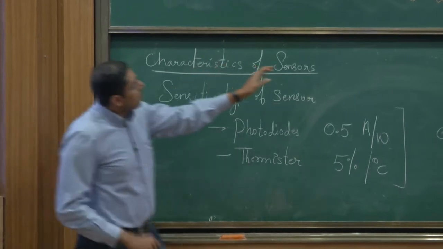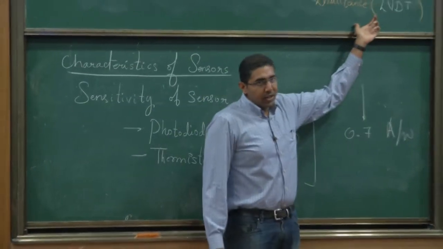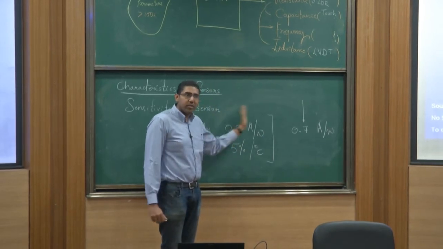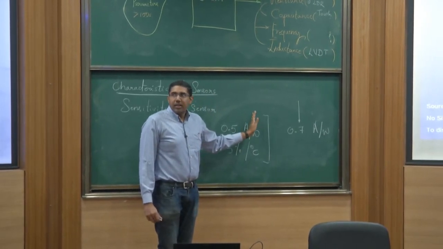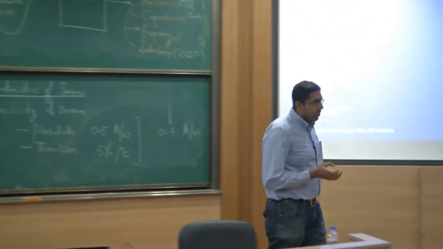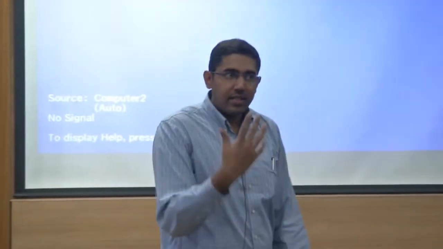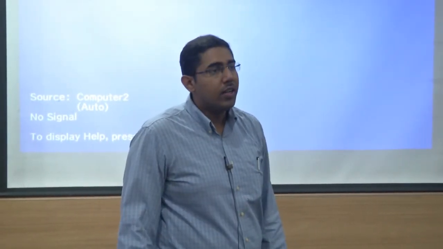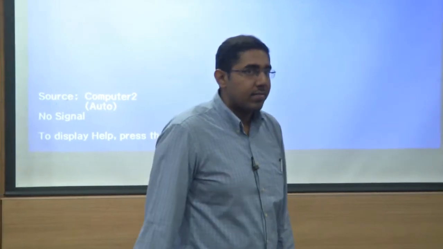Okay. So we said what is the possible output type, right? And what is the sensitivity of the sensor to those signals, right? What is one more parameter to consider? Range is another, sensitivity we talked about, output parameter we talked about. Anything else?